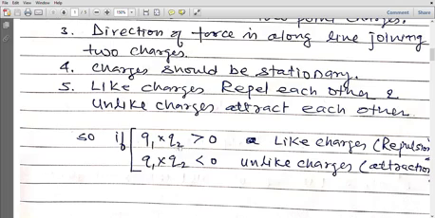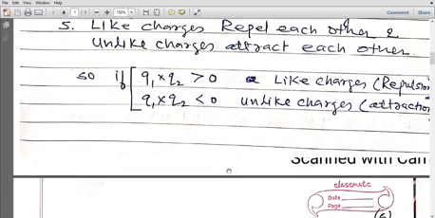It means Q1 into Q2 will be greater than 0, and obviously a force of repulsion will act between them. Similarly, if the charges are unlike, their product will be a negative value, hence a force of attraction will act between them. So this is the mathematical method for representing this phenomenon.